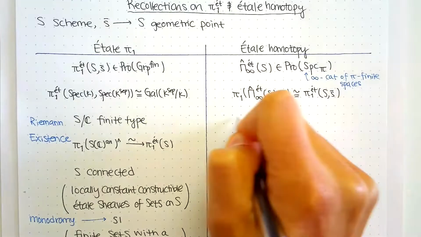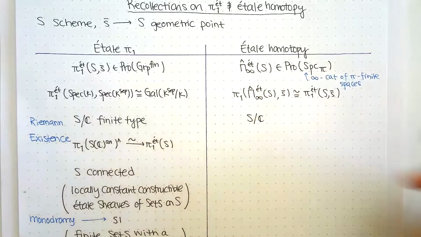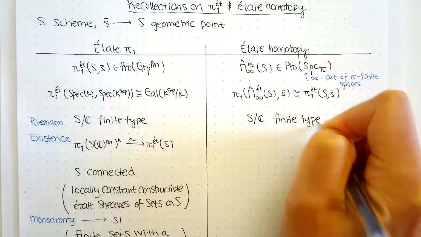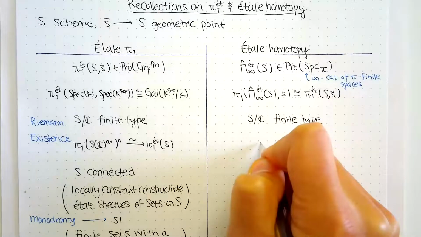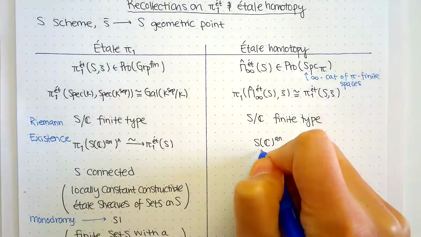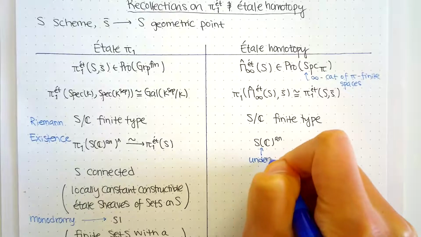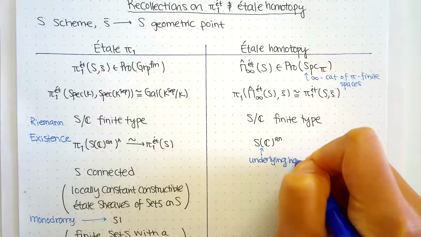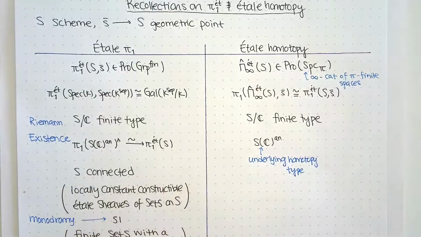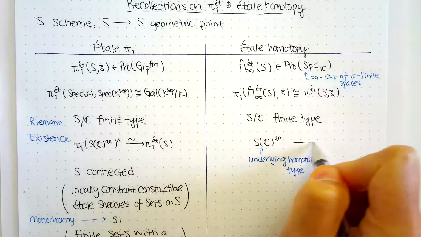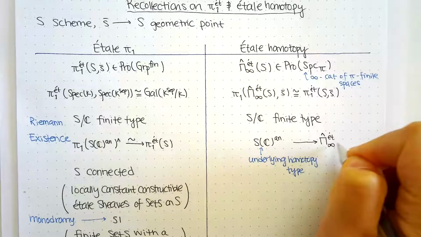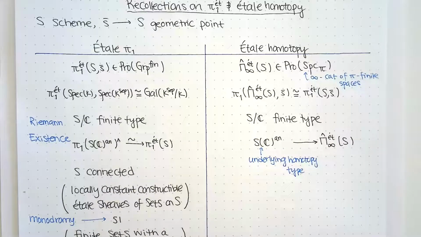Again, there's a sort of Riemann existence theorem, which is that if you have a finite type scheme over the complex numbers, then there's a comparison between the underlying homotopy type of the complex points in the analytic topology and this profinite space that's the Étale homotopy type.